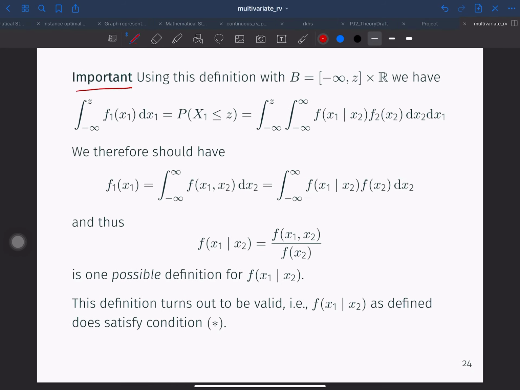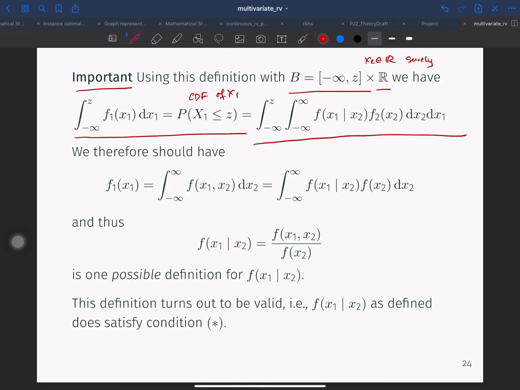So if we use that definition with B being the interval from minus infinity to z for x1, and the real line for x2, then by integrating the marginal PDF of x1, that's just the marginal CDF of x1. And because x2 belongs to R surely, we have this by our definition over there, where we define B to be of this form.